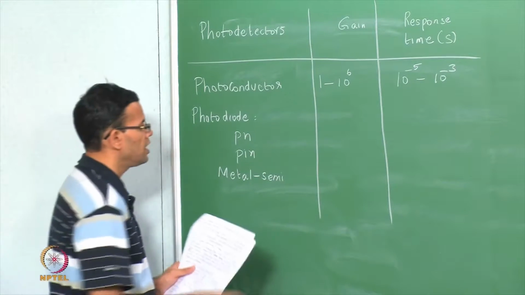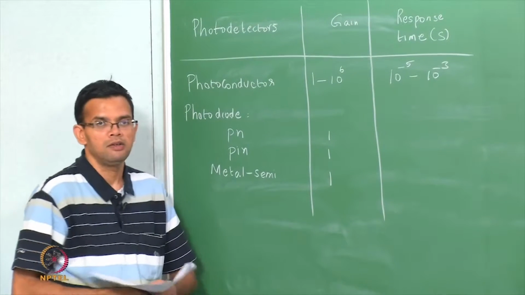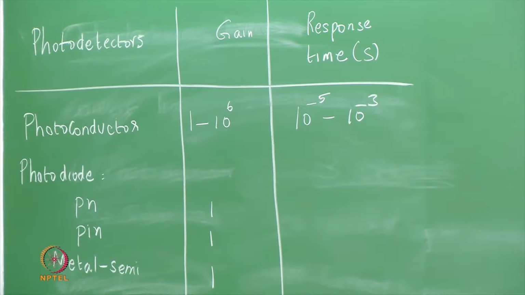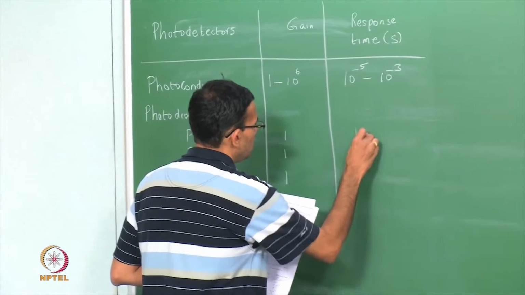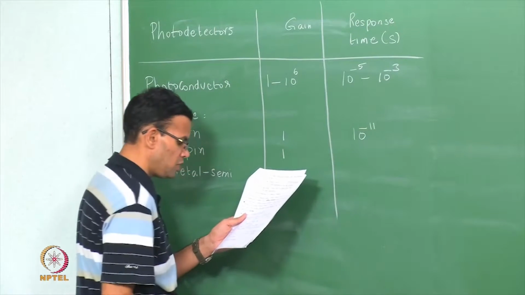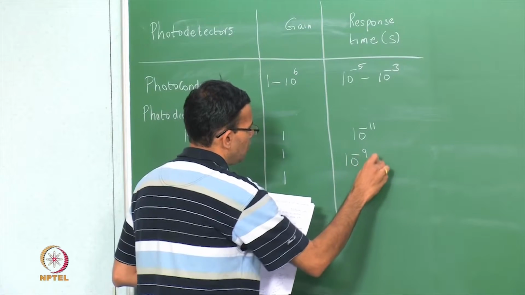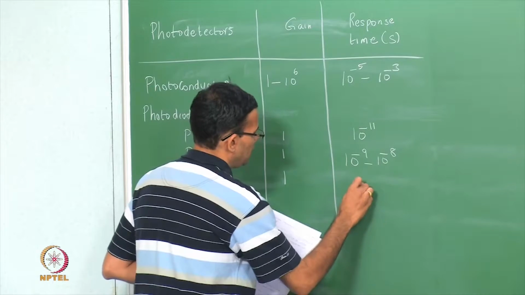In all of these cases, your gain is typically 1, which means all the light that comes in just gets converted into electron hole pairs. The response time of these devices is typically much shorter, around 10 to the minus 11.